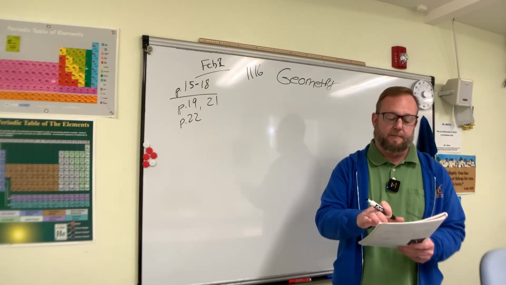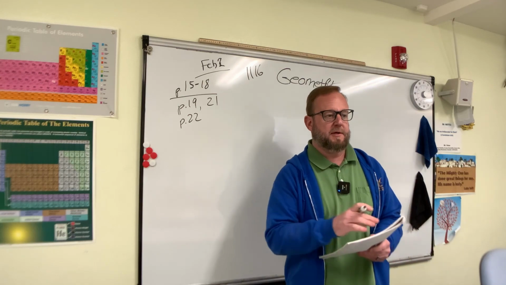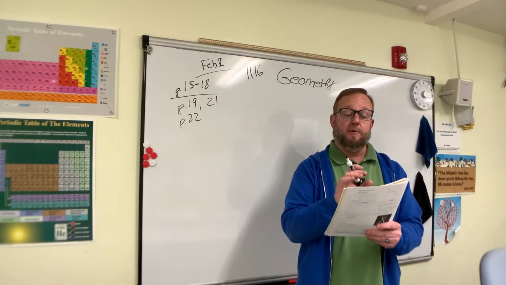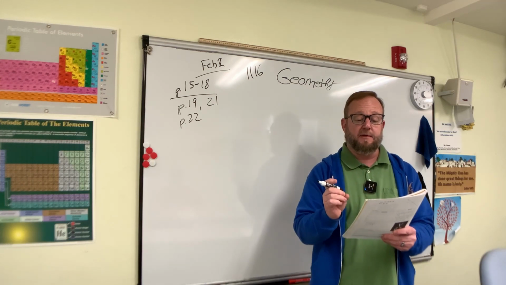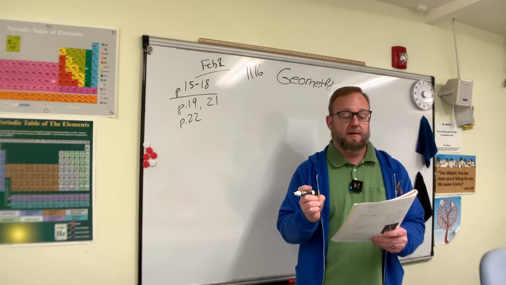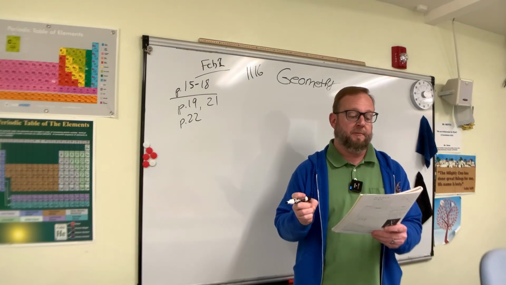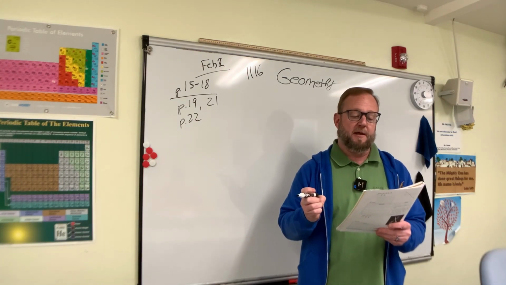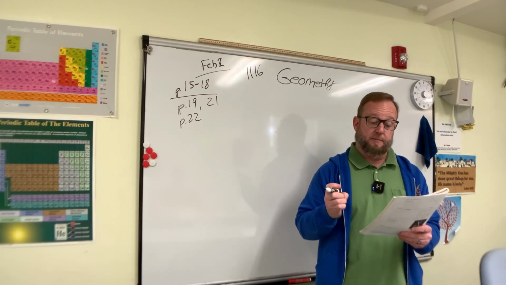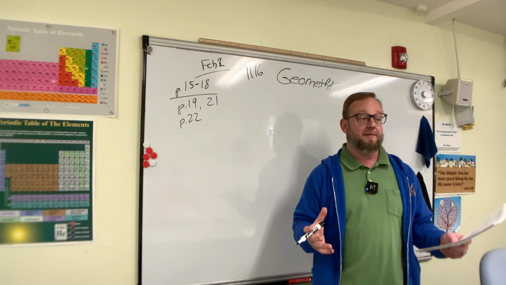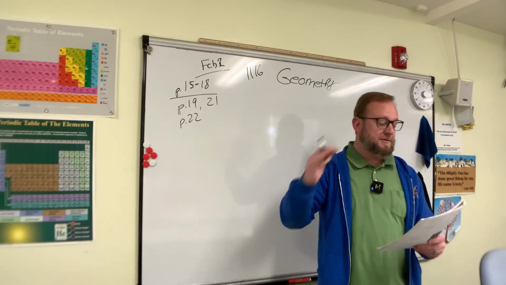If you read that little introductory paragraph at the top, page 22, it says the proportionality between corresponding segments of two triangles can be established if similarity exists between the two triangles. By applying Theorem 84 in a proportion, the product of the extremes equals the product of the means. Remember that? Theorem 84? The cross multiplication.